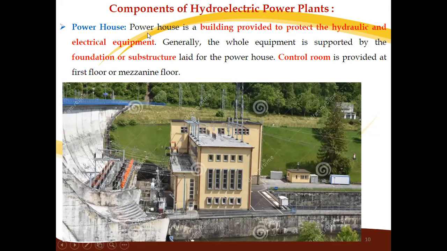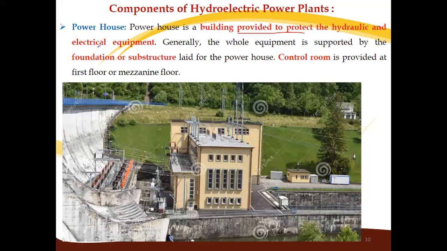A powerhouse is a building which protects hydraulic elements as well as electrical equipment. The hydraulic element is mainly the turbine, and the electrical equipment includes the generator and control room.